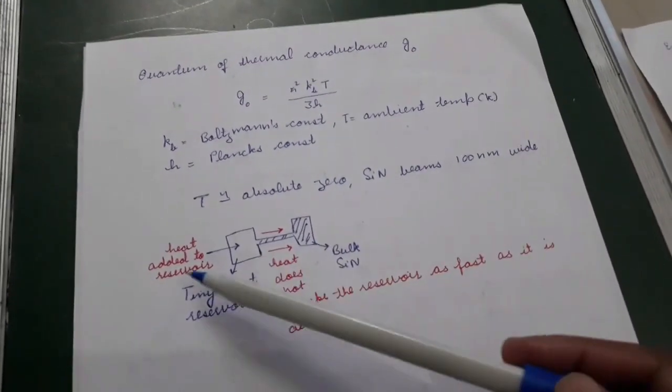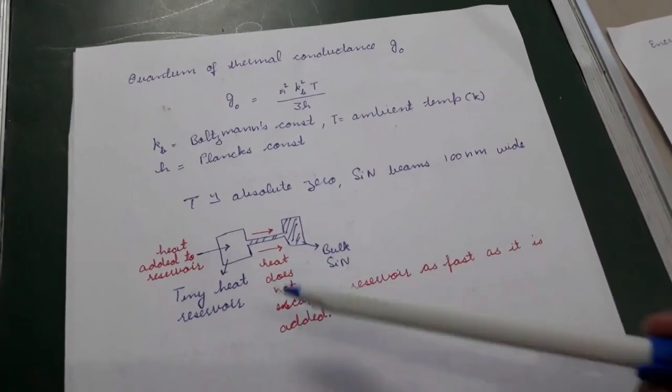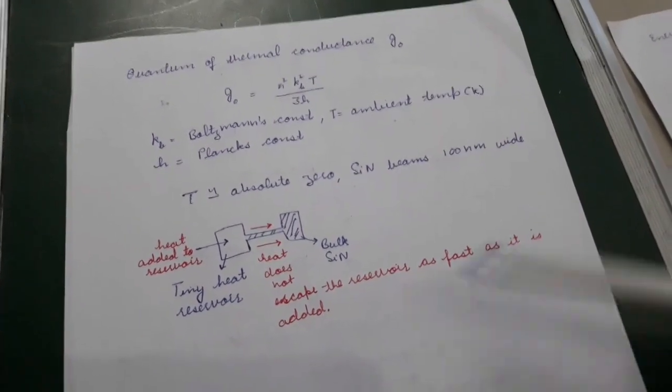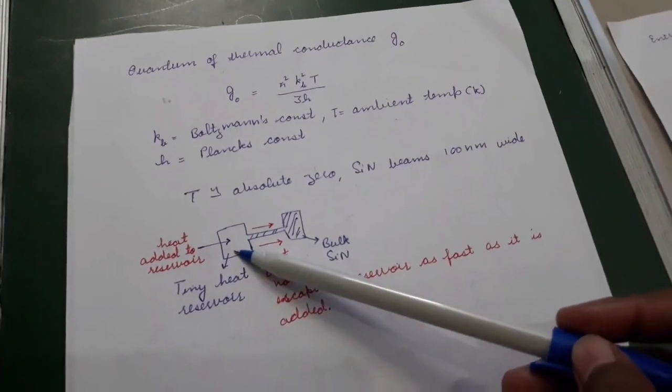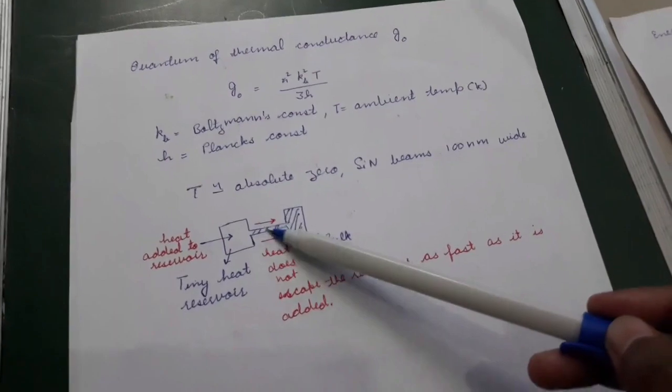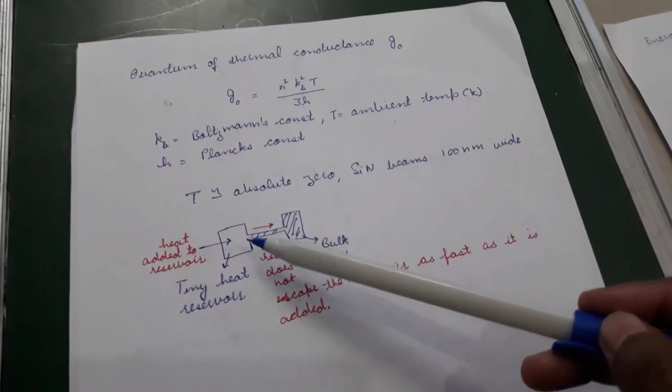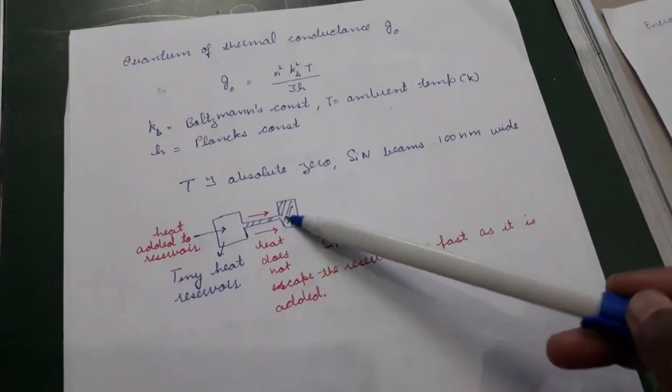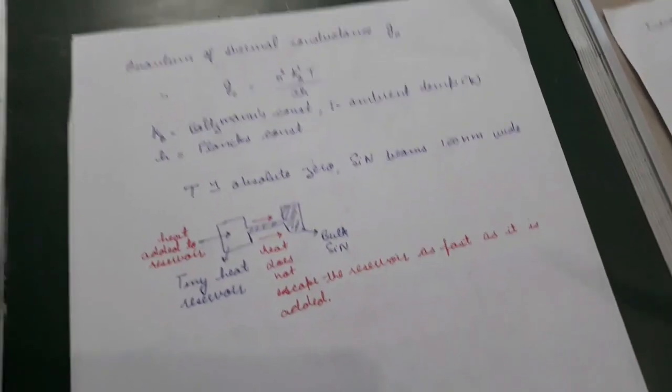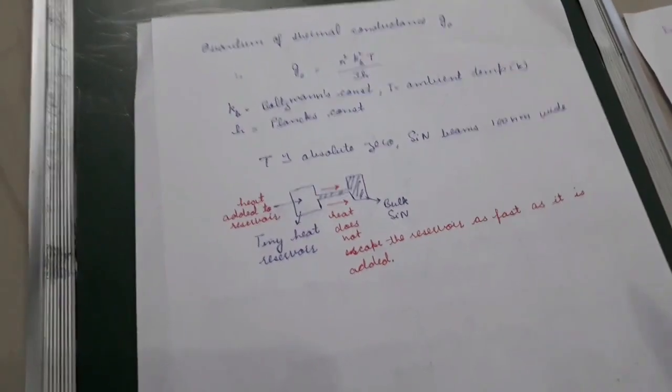We see that if heat is added to a reservoir, heat does not escape the reservoir as fast as it is added, and only a quantum of heat will travel from the reservoir to the bulk silicon nitride. There is a lot of research still going on in this area, and it is not very well understood.